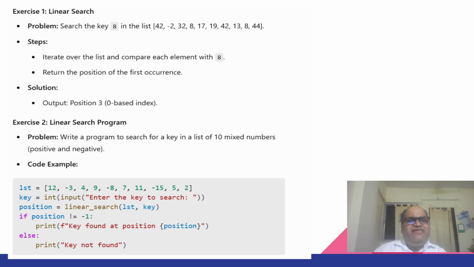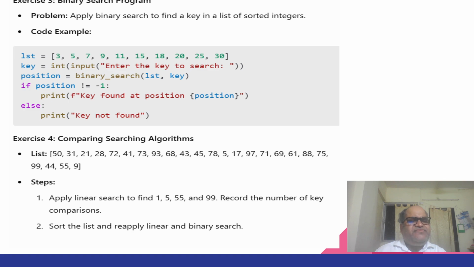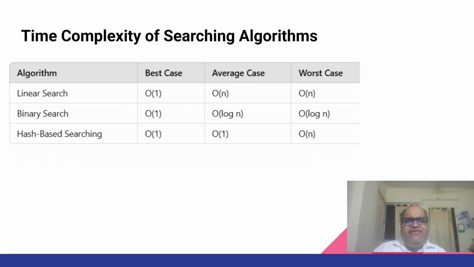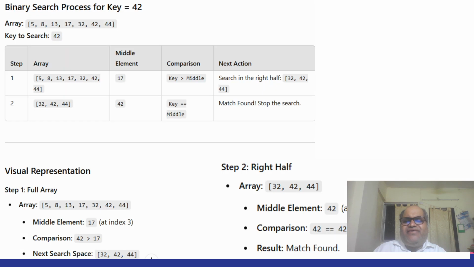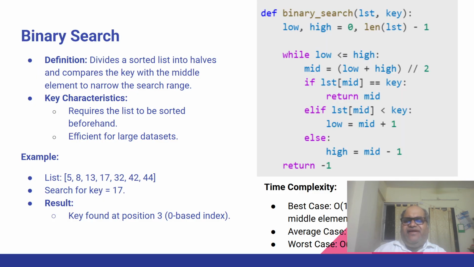But a binary search related problem you might be asked to code. So apply binary search to find a key in a list of integers, say 3, 5, 7 till 30, where you are randomly given a key to find. We saw one implementation of binary search in our code here, and you can look at it carefully and use the same.